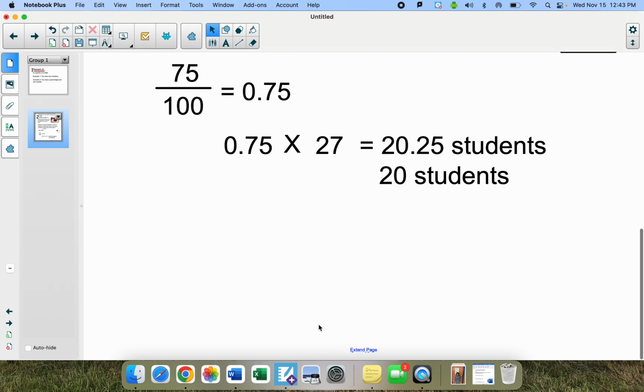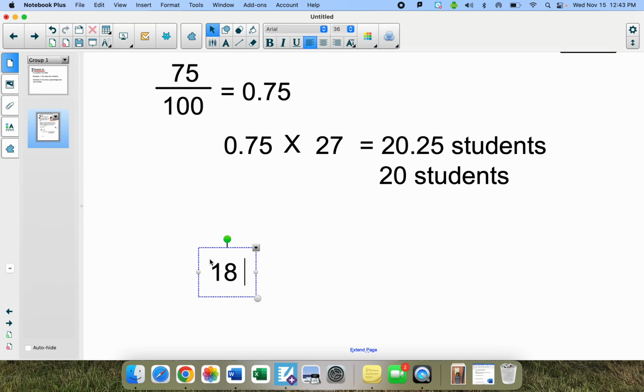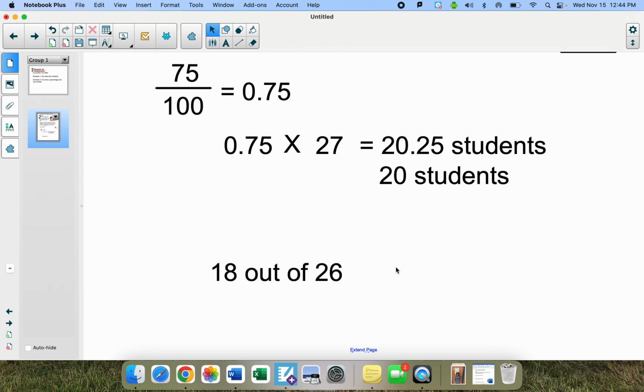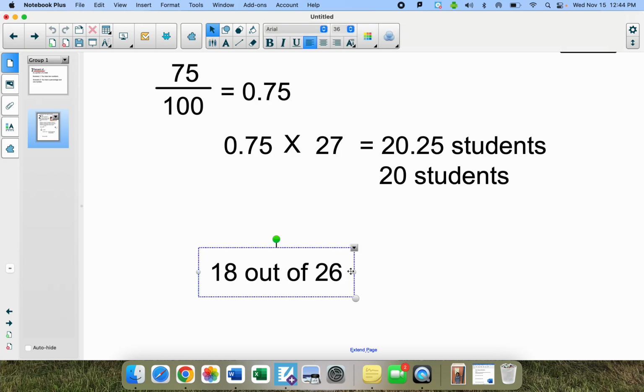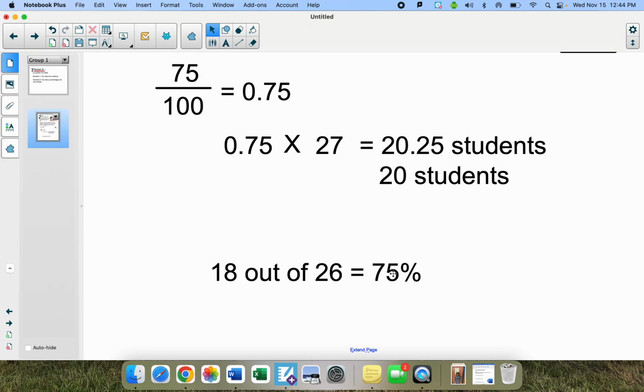So as an example, what if 18 out of 26 students were there today, and then 18 of you had brown eyes? Well, you could set that up and figure out, would this give you something close to 75%? Is Google actually telling us the truth here? Well, I guess it's a chance for you to find out.